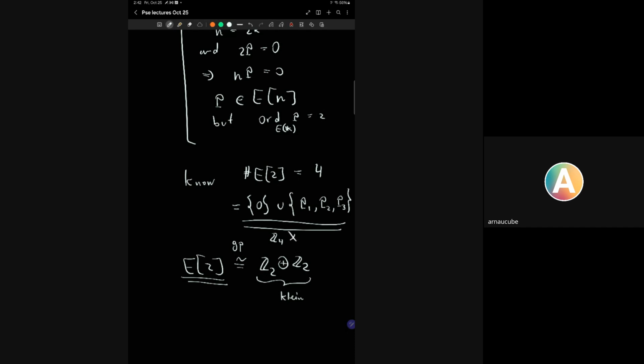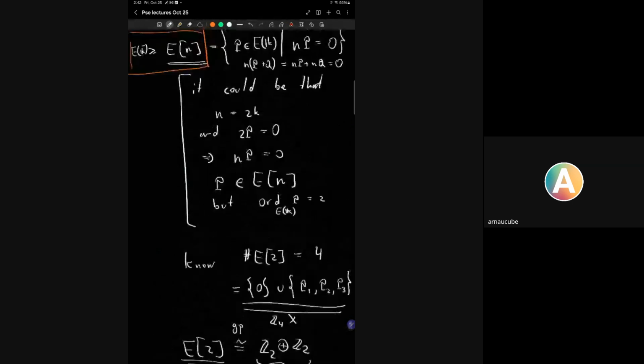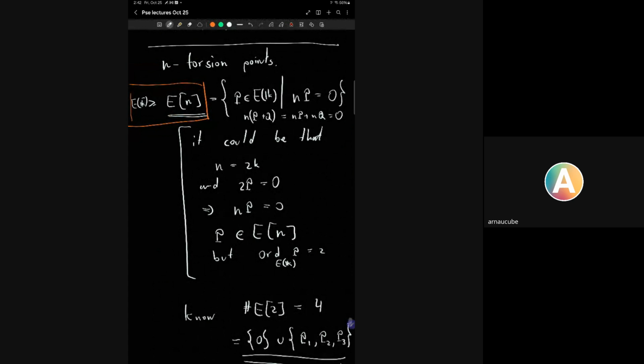Okay, but that's like a baby case. That's easy. And the big theorem here is that E of n is isomorphic to integers modulo n direct sum integers modulo n. I forgot to mention again this issue with algebraic closure.